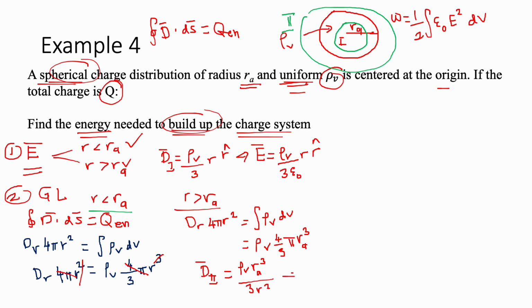So this is your D, and your E. This is for region 1. And this is E for region number 2.